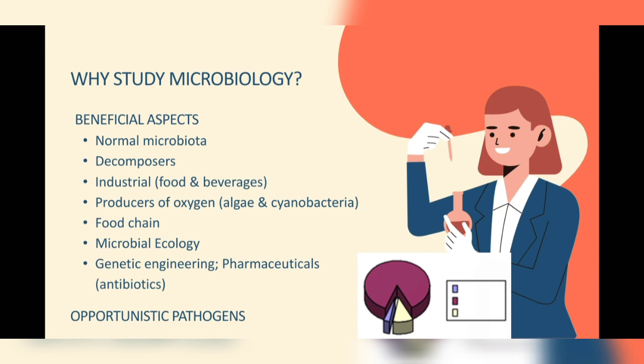Decomposers make vital nutrients available to an ecosystem's primary producers, usually plants and algae. Bacteria are used in industry in a number of ways that generally exploit their natural metabolic capabilities.